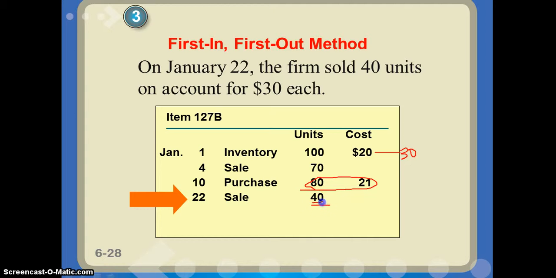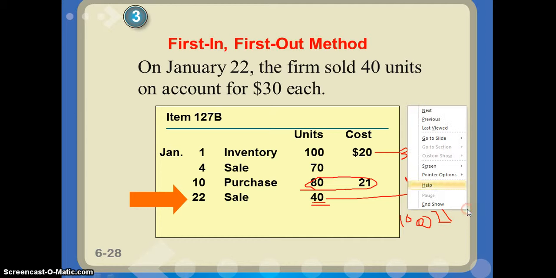So if we're selling 40, that means we're going to sell these 30 at $20, and then we're going to have 10 at $21. So make sure you do your math accordingly. Please journalize that entry.